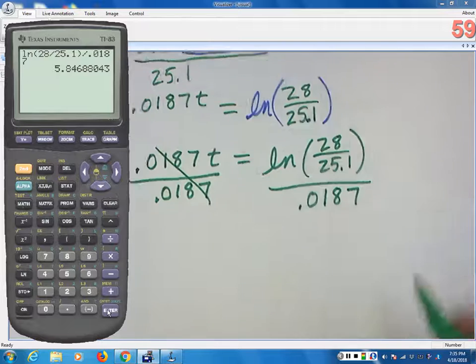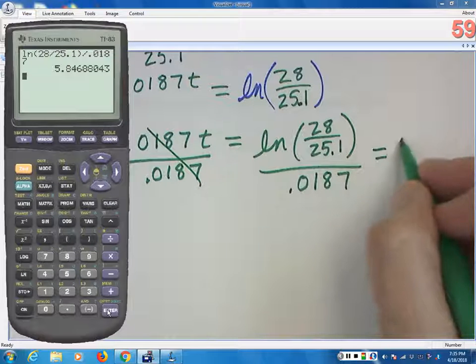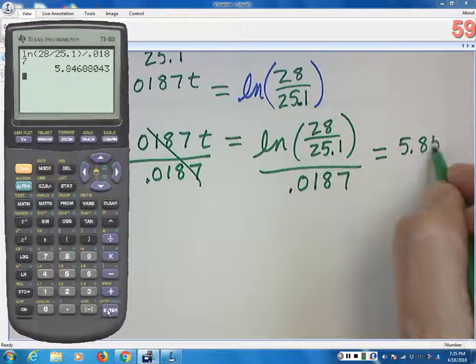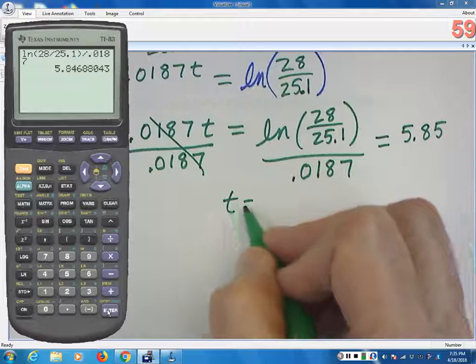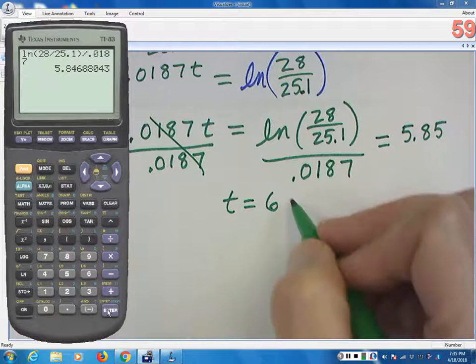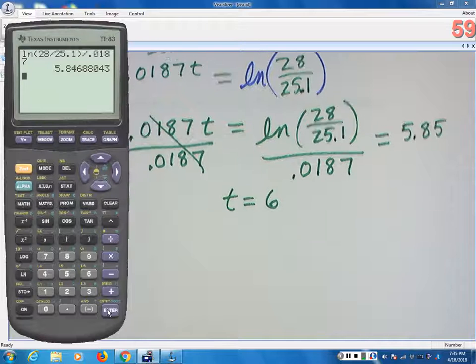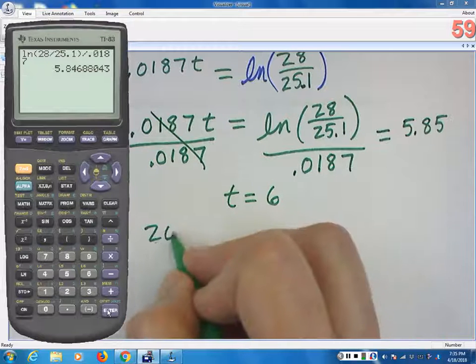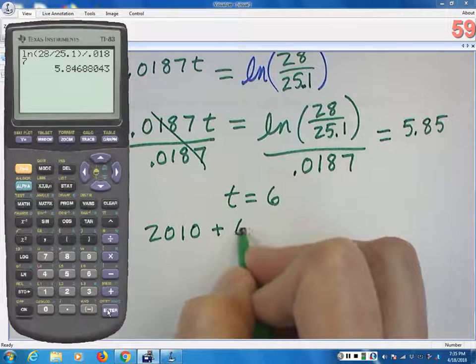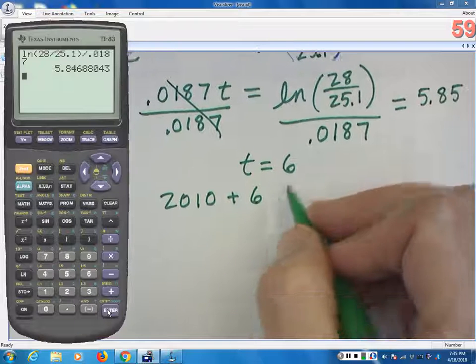And that is 5.85, so t is approximately 6. That's not our answer. What year would it be? So we have to take 2010 and add 6 to it, which is 2016.